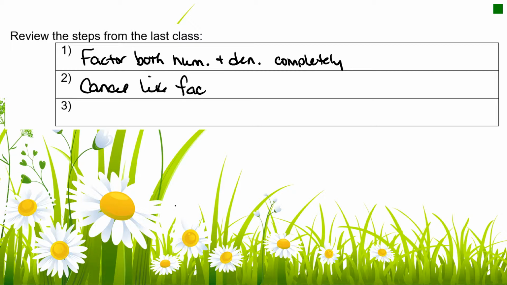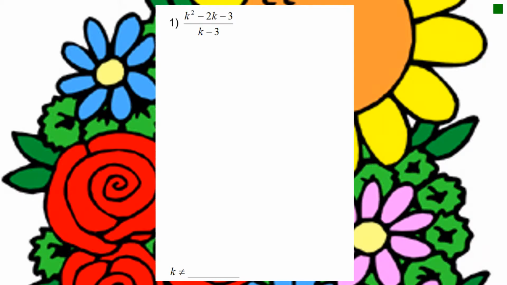Now remember, steps 2 and 3 probably should be switched, because step 3 is find and state the excluded values, but you really have to do that before you cancel, because otherwise if you cancel a whole lot, you can't see what you got. All right, let's go on to the first one.